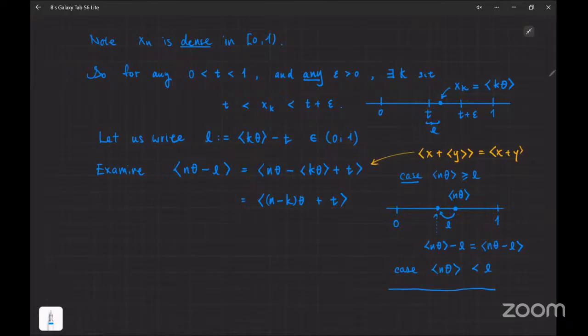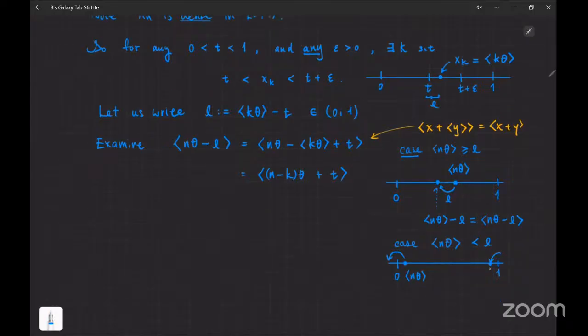Okay, now this is going to be interesting because now we're going to get a wraparound situation. Right, so let's say we draw a unit interval from 0 to 1. Okay, so let's say n theta is right here, and we're going to subtract L, which now hops over like that. So now we land over here.